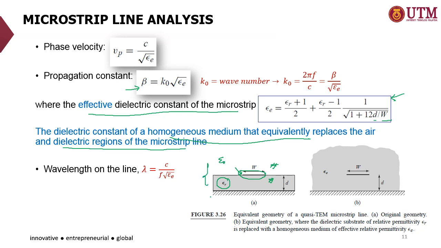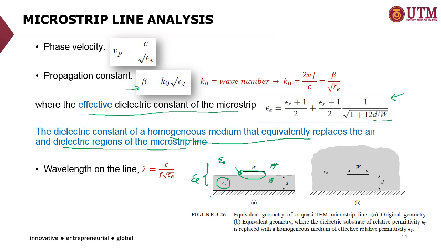From here you calculate epsilon E, the effective permittivity of where the microstrip line is placed.